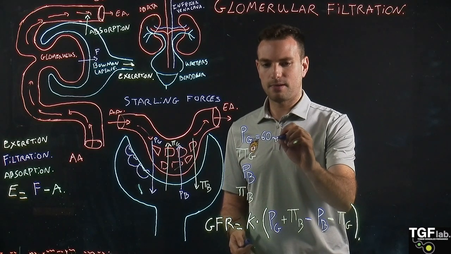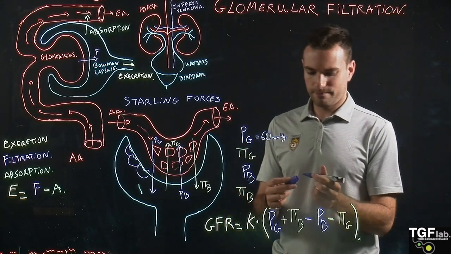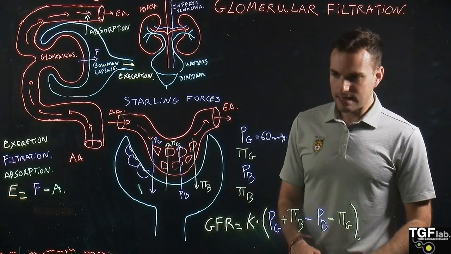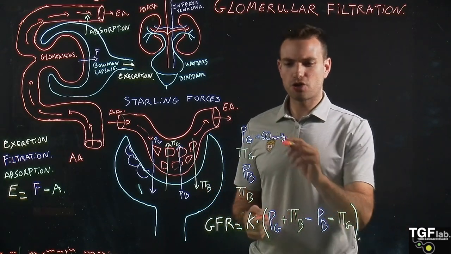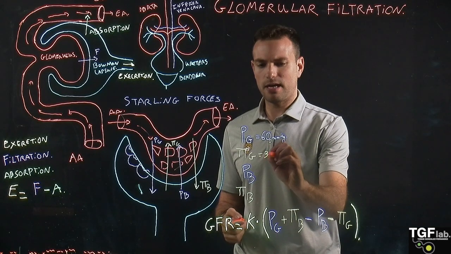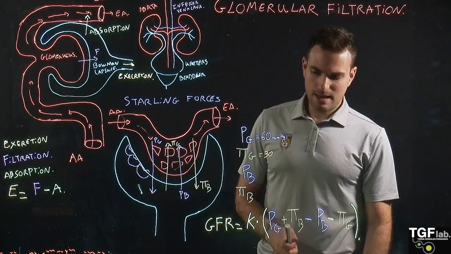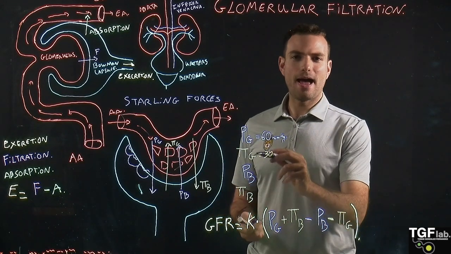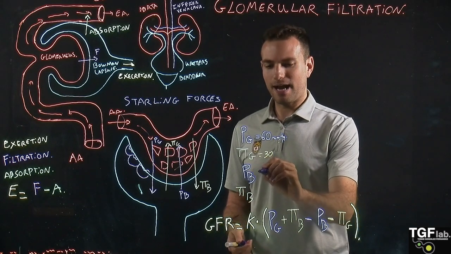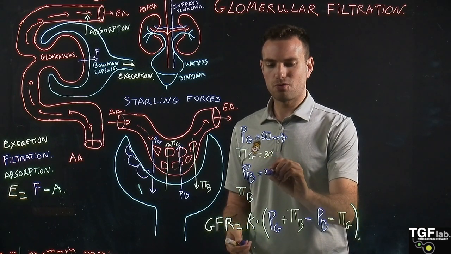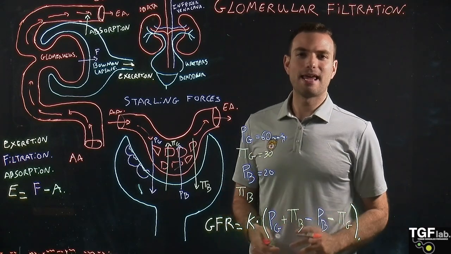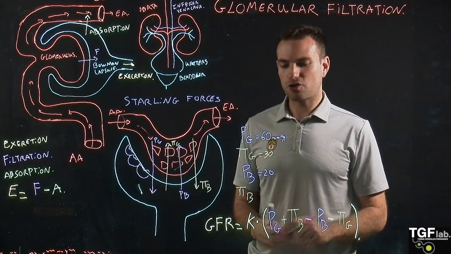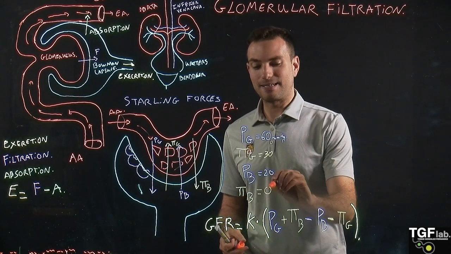So always millimeters of mercury for pressure. Then the colloidosmotic pressure of the glomerulus is around 30. The hydrostatic pressure of the Bowman capsule is around 20. And finally, the colloidosmotic pressure at the Bowman capsule is usually 0.